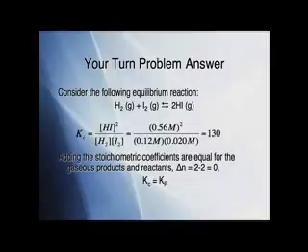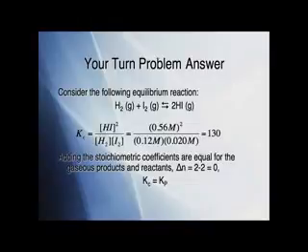We then substitute in the concentrations: 0.56 moles per liter squared divided by 0.12 moles per liter times 0.020 moles per liter. And our value for Kc is 130.